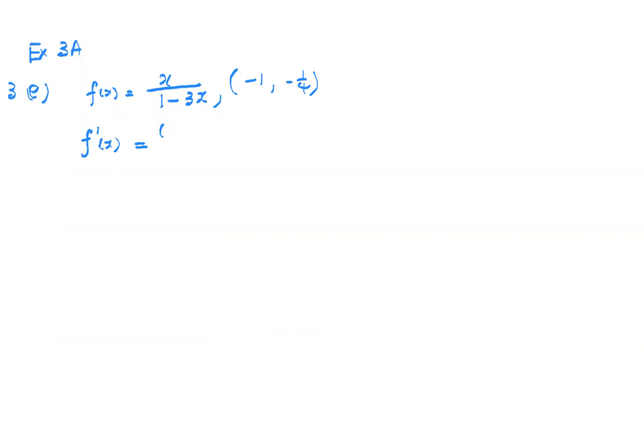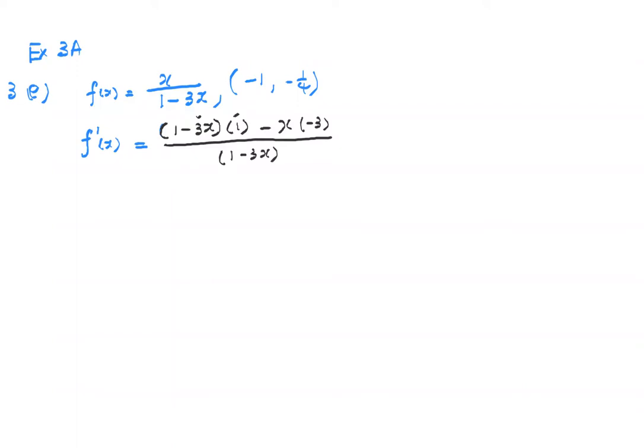That is always where we make the mistake. You all don't like to put brackets. v u prime, take away u v prime, the whole thing over v squared.